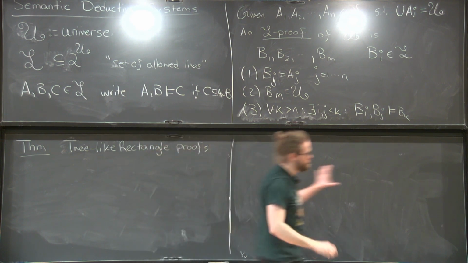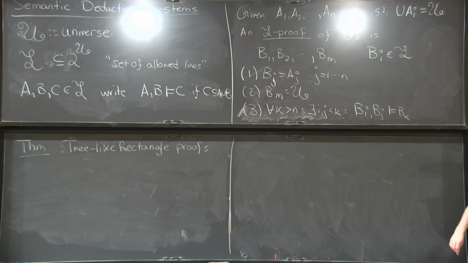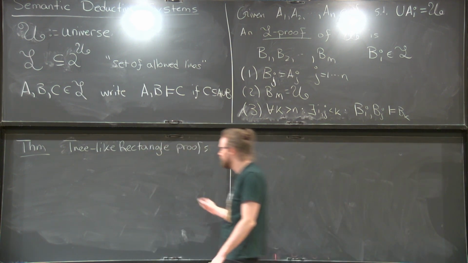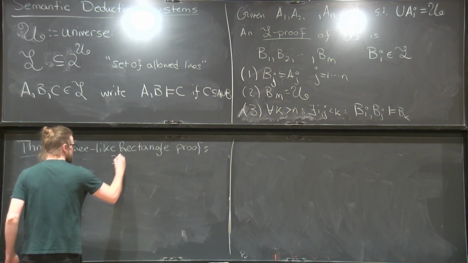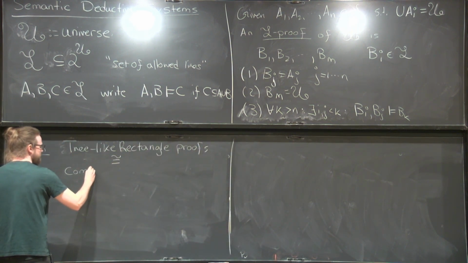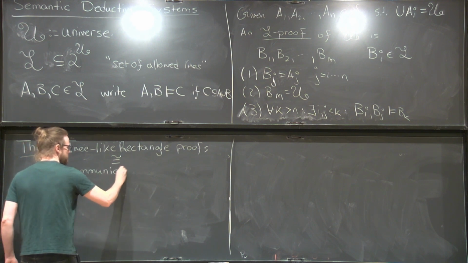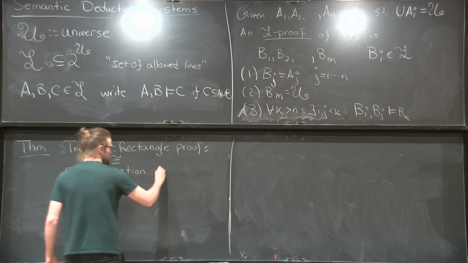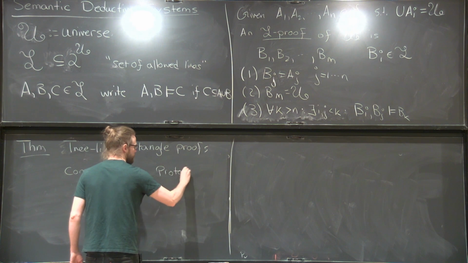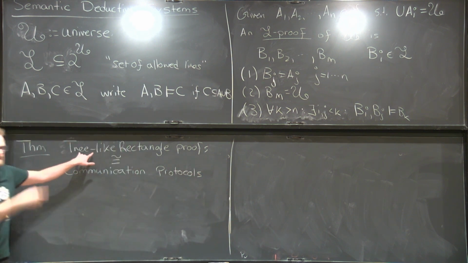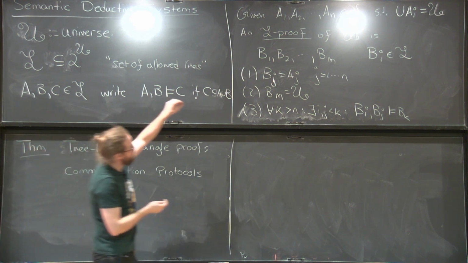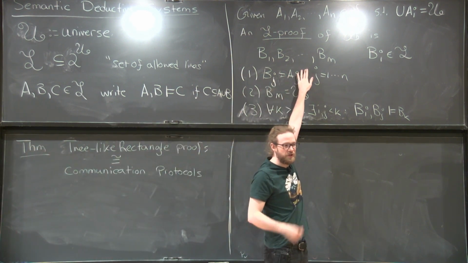By a rectangle proof, I just mean this semantic proof system. They are just the same as deterministic communication protocols. I haven't said up here what tree-like means, but it means the natural thing. It just means that if you ever deduce a new line in your proof, you can only use it once.